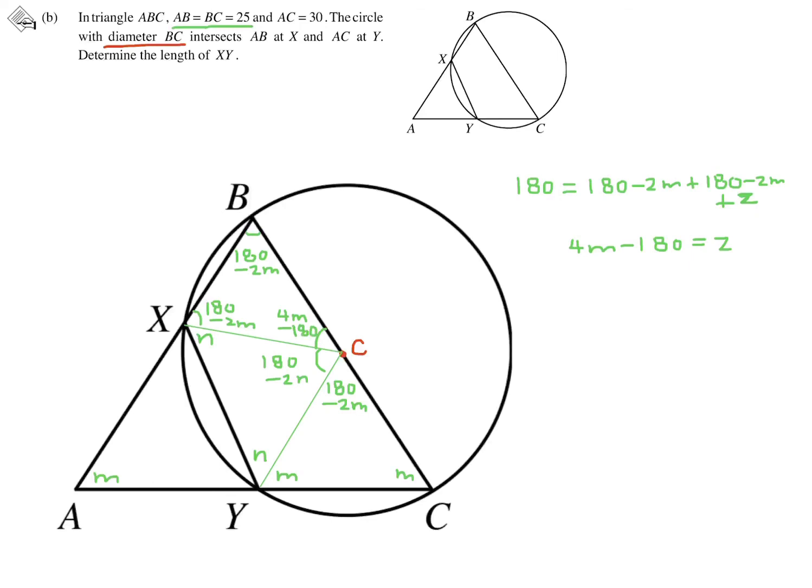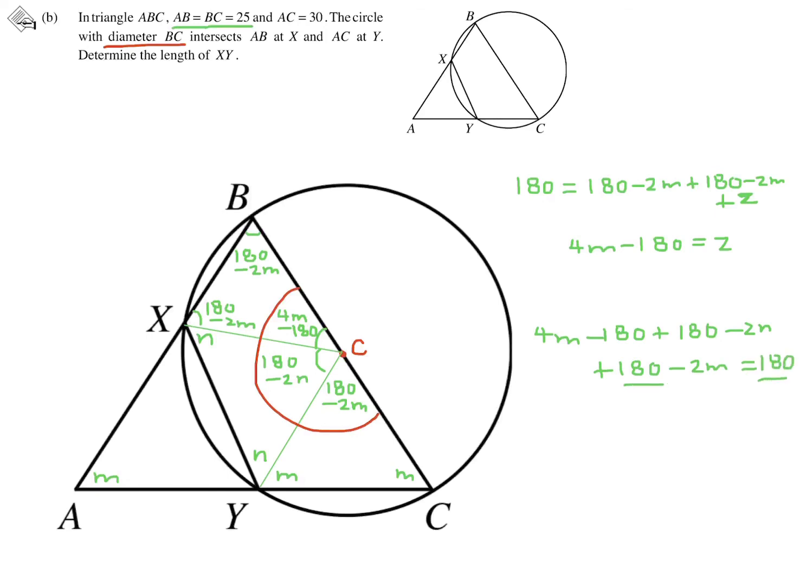Now, all the angles about a line are 180, like that. So all of those angles together would equal 180. So we got 4m minus 180 plus 180 minus 2n plus 180 minus 2m. All of this is 180.